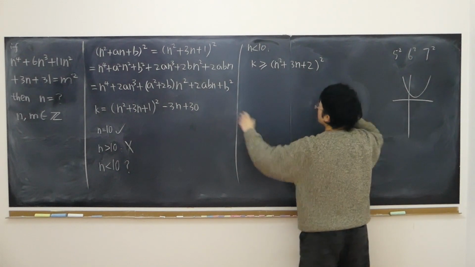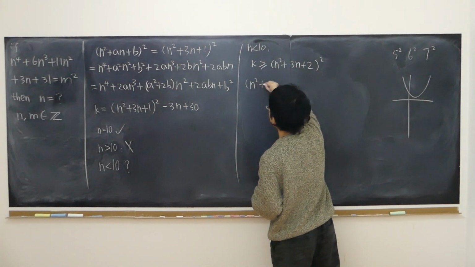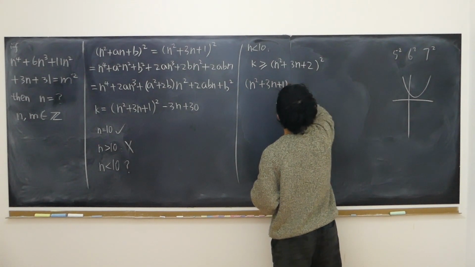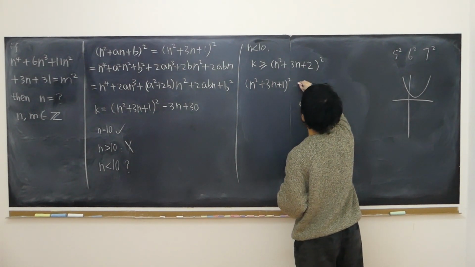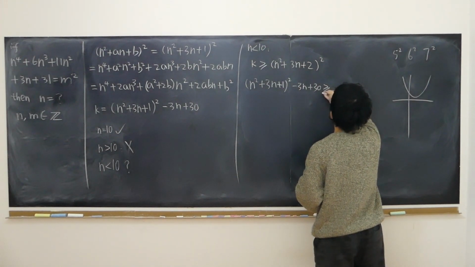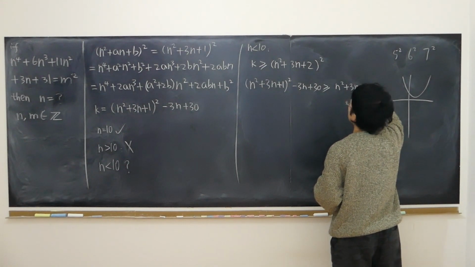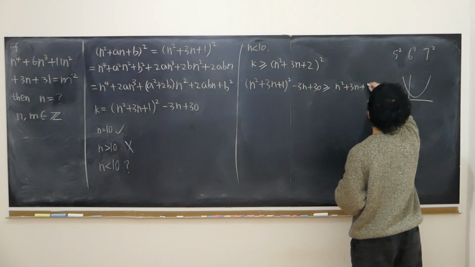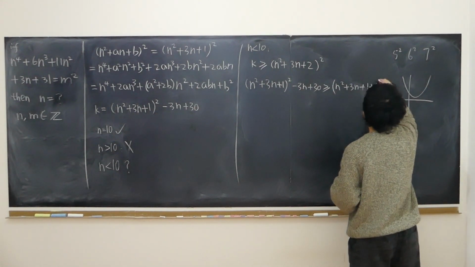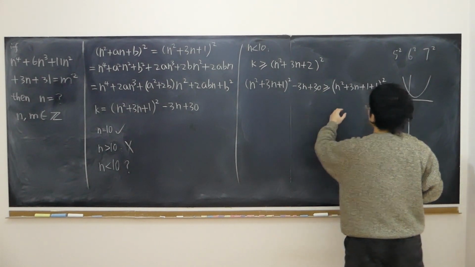So that means k is equal to that. So (n squared plus 3n plus 1) quantity squared minus 3n plus 30 is larger than or equal to (n squared plus 3n plus 1 plus 1) quantity squared.